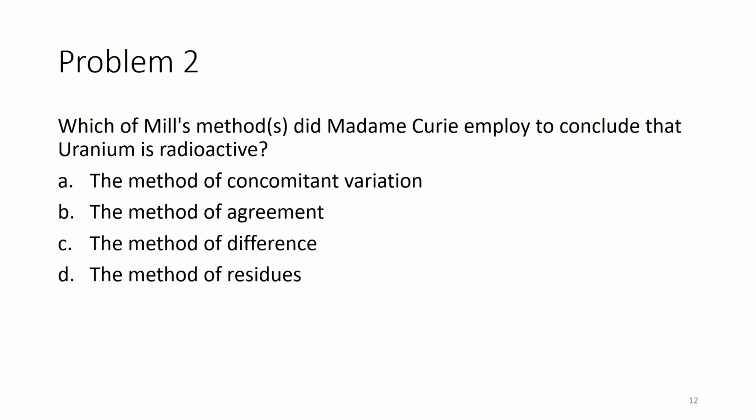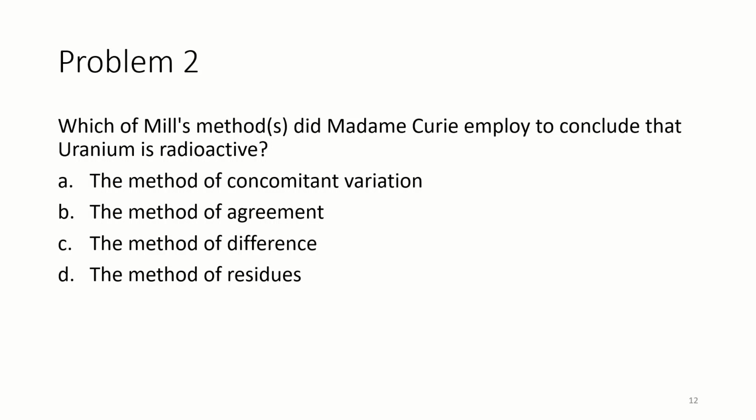So coming to the problem directly, it's how Madame Curie employed these methods. The issue was whether uranium is radioactive or not. That was the aim of her PhD. She tried different compounds that had different quantities of uranium, and she measured their radioactivity.